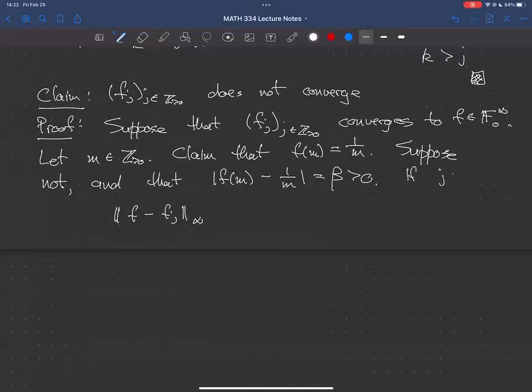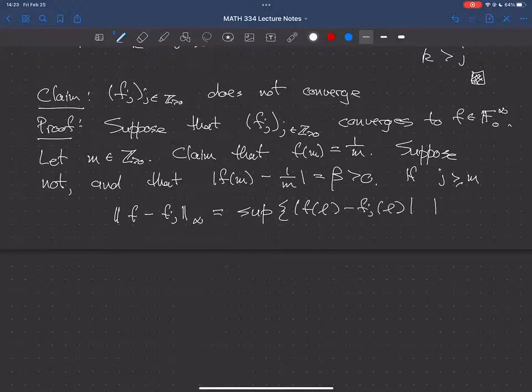So if j is greater than or equal to M, what's this expression going to be? Well, let's just write down the definition. It's the sup of f of L minus fj of L, where L is in my index set. That's the definition of the infinity norm.